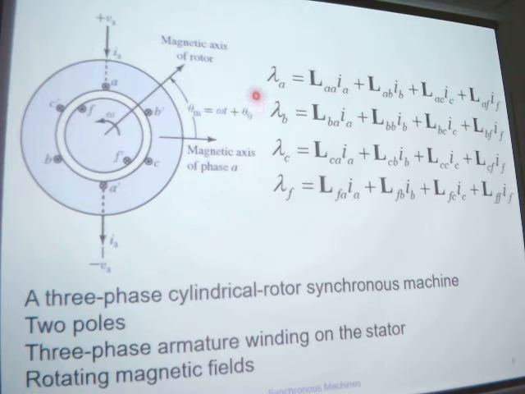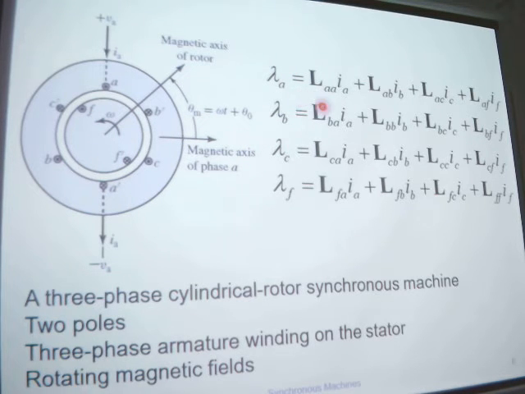We can say that there are four flux linkages, lambda A, B, C, and F. F is for the field on the rotor.